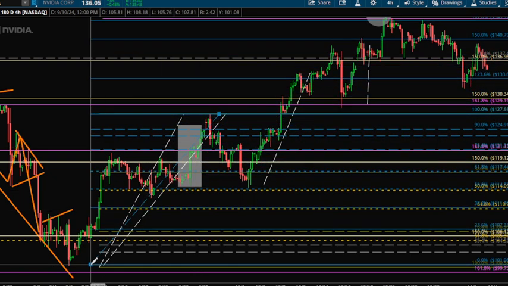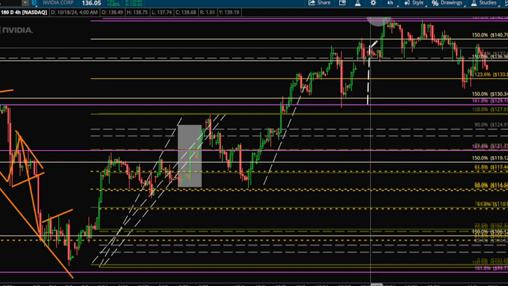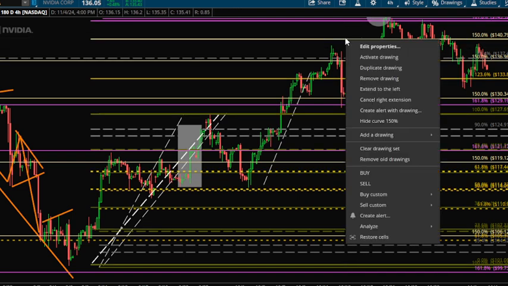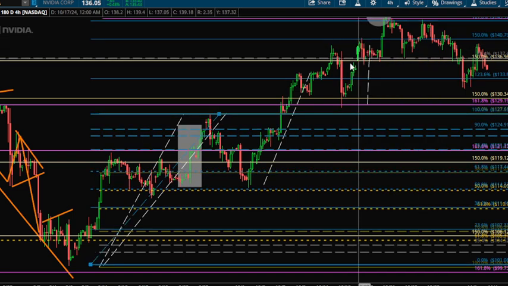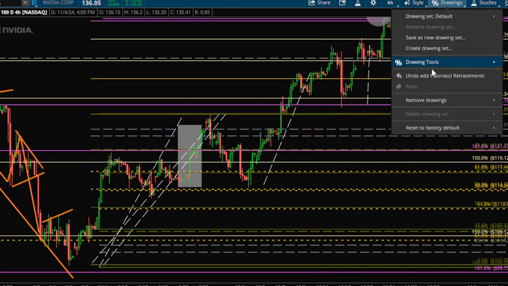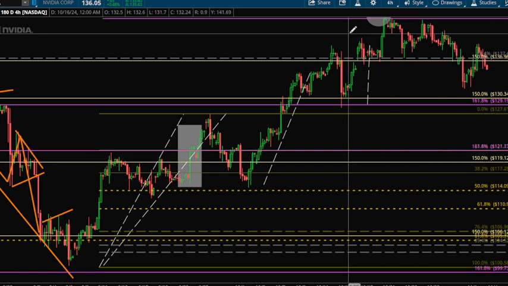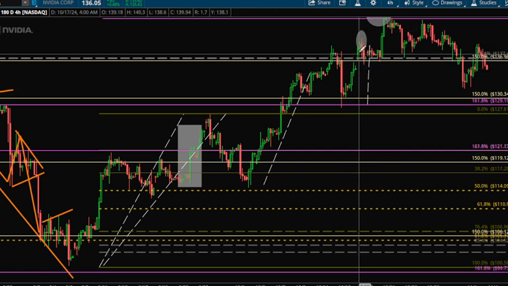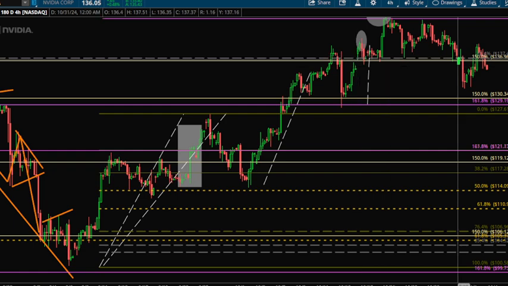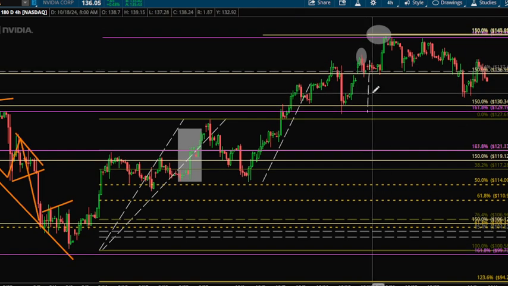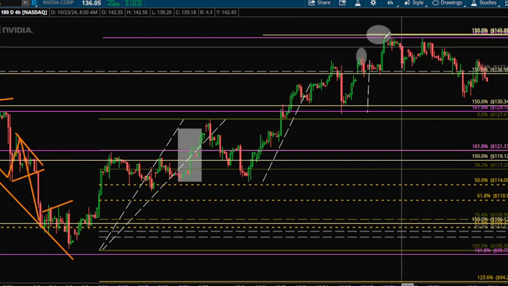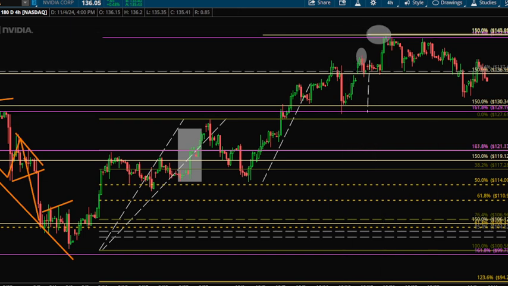Well, there's the 150 right there on this one. Okay. So if the 150 is there, then that means this high here is grouped with this leg.